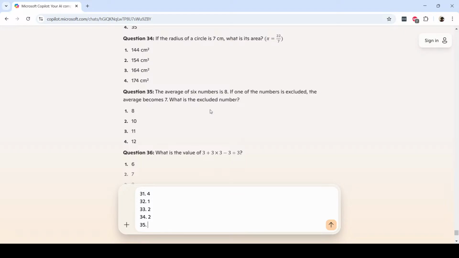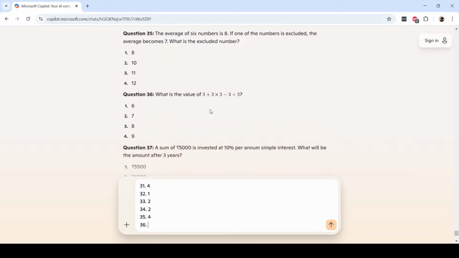The answer should be 13, but the nearest is this one, right? What is the value of this? Okay, so hmm, 9, 12, 11.